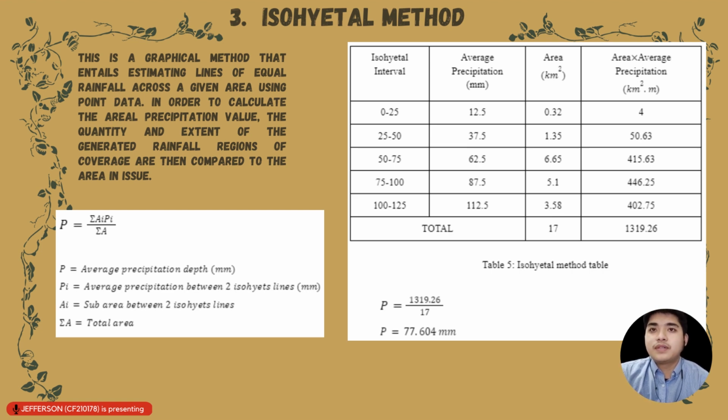The formula for the isohyetal method is P, the average precipitation depth, equals the sum of Ai times Pi, where Ai is the sub-area between two isohyet lines and Pi is the average precipitation between two isohyet lines, over the sum of the total area. The isohyetal method gives 77.604 mm.